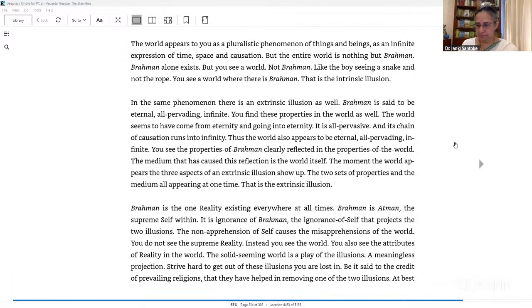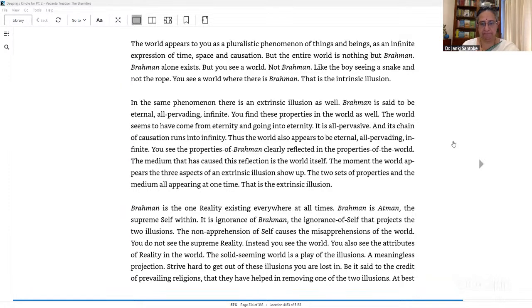Brahman is the one reality existing everywhere at all times. Brahman is Atman, the supreme self within. It is ignorance of Brahman, or the ignorance of self, that projects the two illusions. The non-apprehension of self causes the misapprehension of the world.